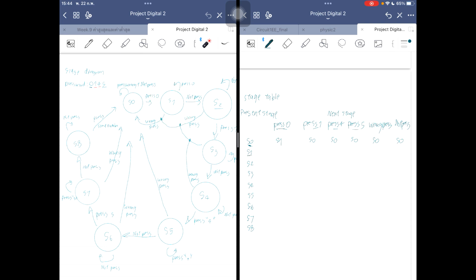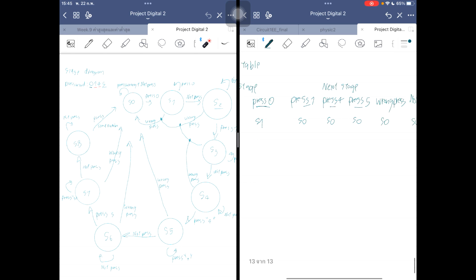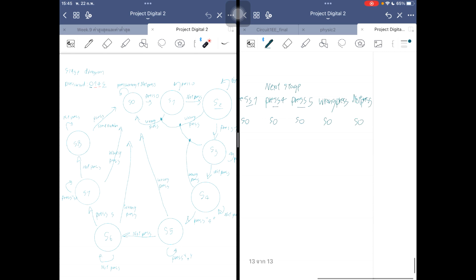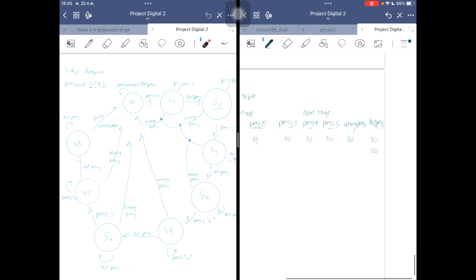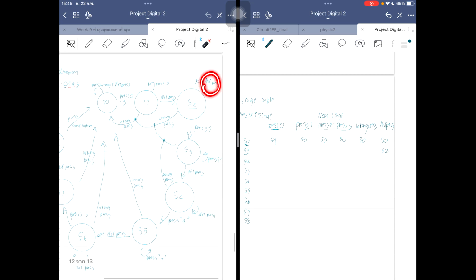In state 1, when you release the button or not press, it will go to state 2 immediately. Then go to state 1 and go to the not press case, then write it here. Then we will get the result that we want. And another condition is press 0.